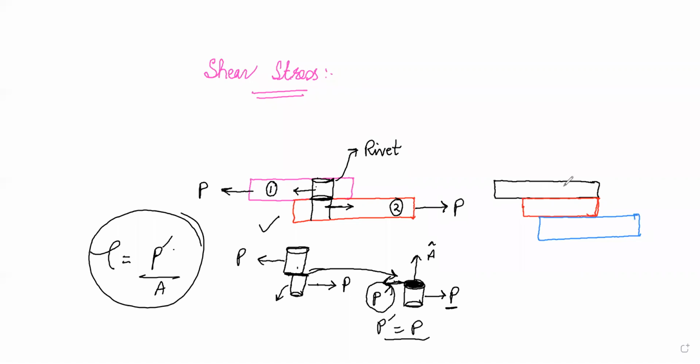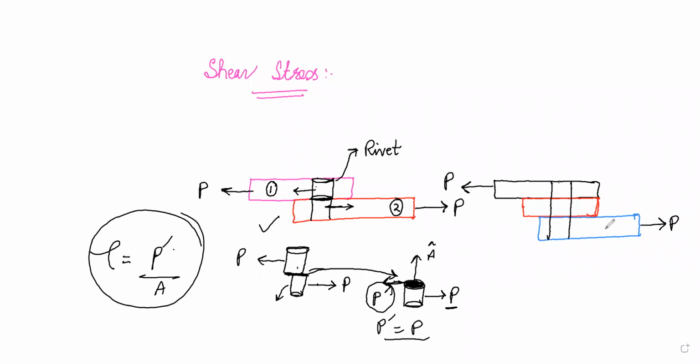And these two portions are now riveted together. Let's suppose we are having a rivet here. Okay, this is the rivet now. Apply load P on this plate.